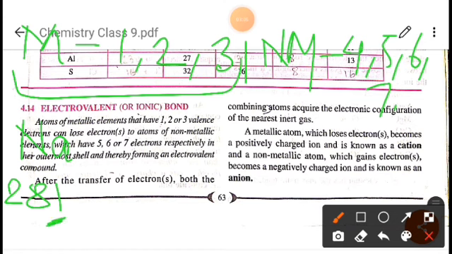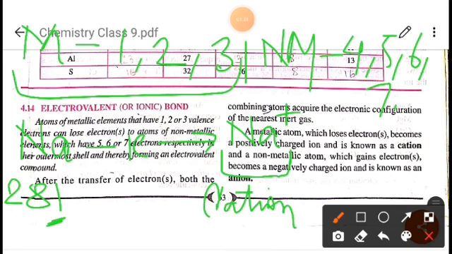Since it is a metal and has a tendency to give 1, 2 or 3 electrons from its outermost shell, it will give 1 electron and convert into Na+. Since it has given an electron, it has become a cation.